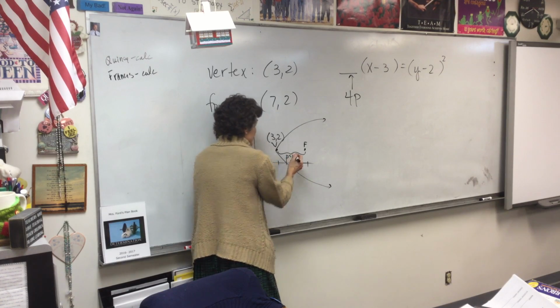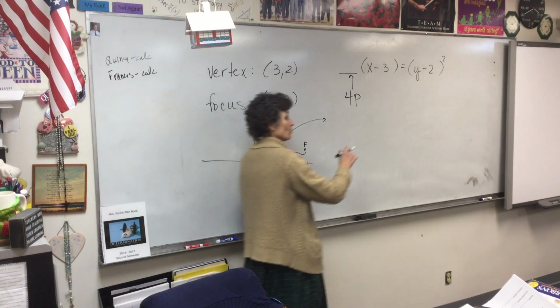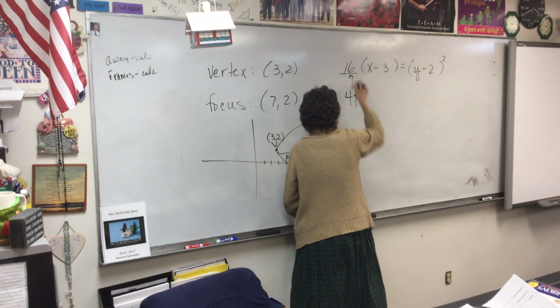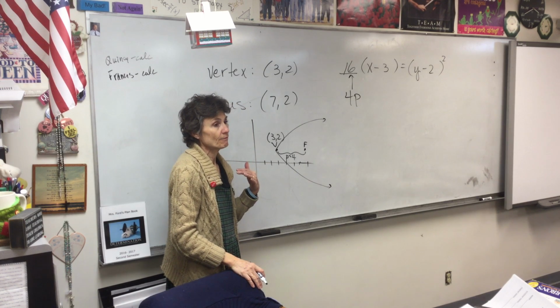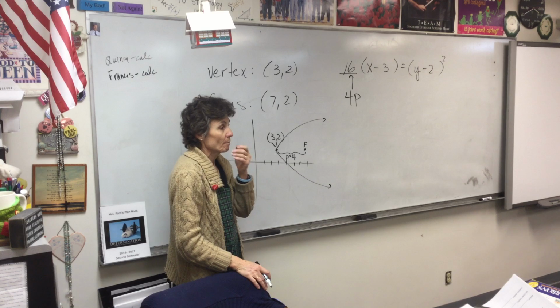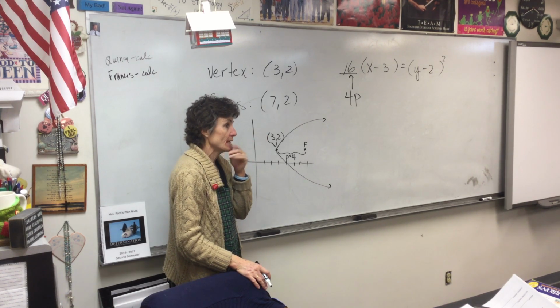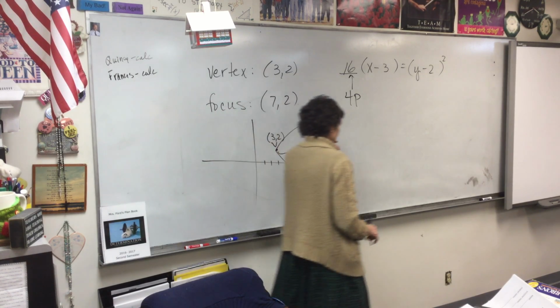So if p is 4, then 4p would be 16. And then we have to figure out if it's a positive 16 or a negative 16. Positive. Why positive? Going to the right. Done. Easy. All right, let's try another one.